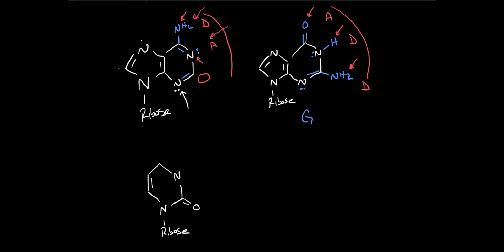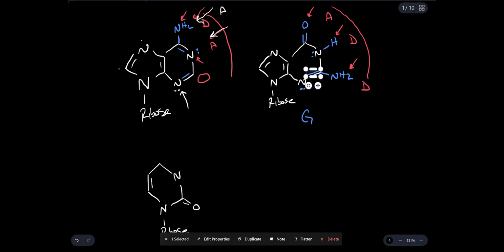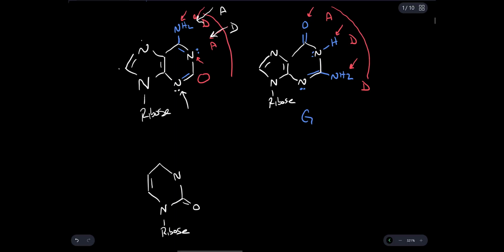Okay? Now what we need to think about is the hydrogen bonding pattern. Adenosine has a hydrogen bond donor here, a hydrogen bond acceptor here. So the complement would be an acceptor right here and a donor right here. That's what we need thymine to have, an acceptor at that position and a donor at that middle position.